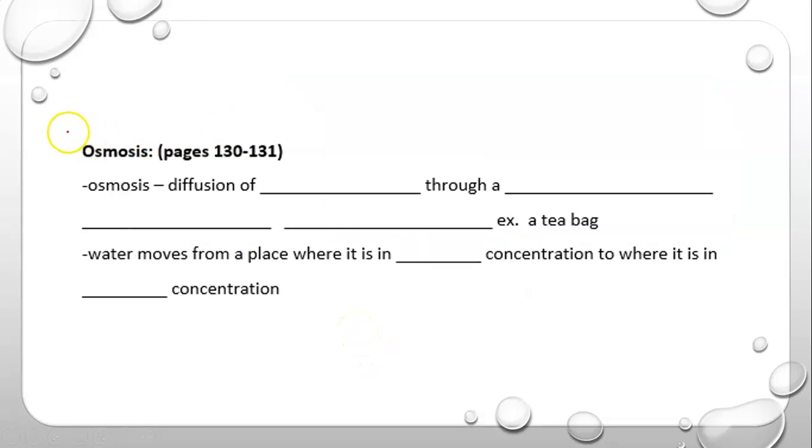Now, osmosis is a special type of diffusion. It is diffusion, first of all, of water. Nothing else. It's just talking about water, and it's passing through a selectively permeable membrane. An example of this would be like the tea bag.